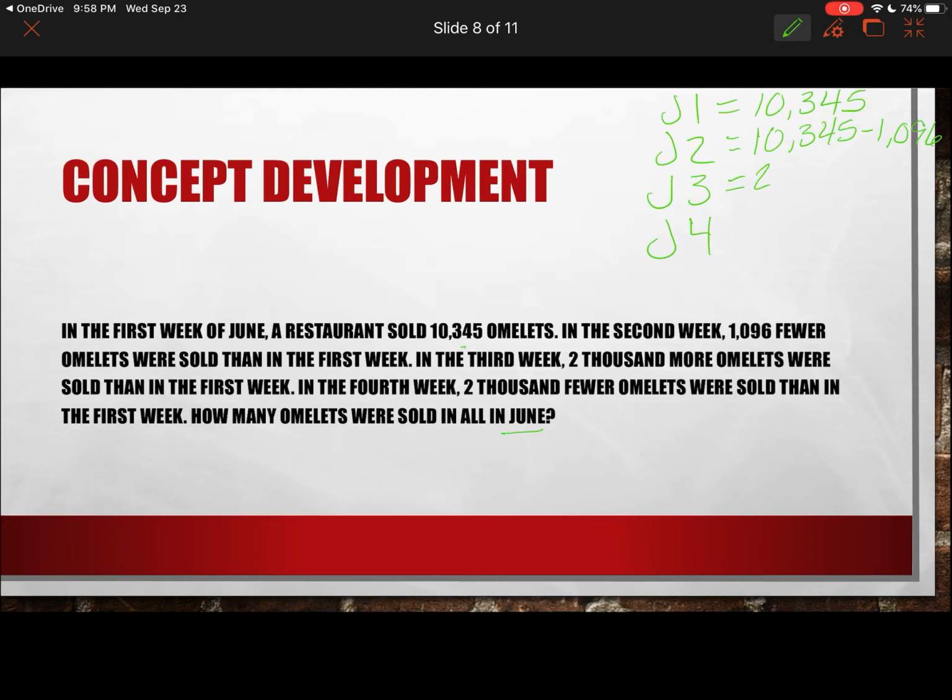So 2,000 more, we're going to take 2,000 plus the amount we got from the first week. So that's 10,345. And then in week 4, it says 2,000 fewer omelets were sold than in the first week. So that means we're going to start with our base number from the first week, 10,345, and we are going to subtract 2,000.